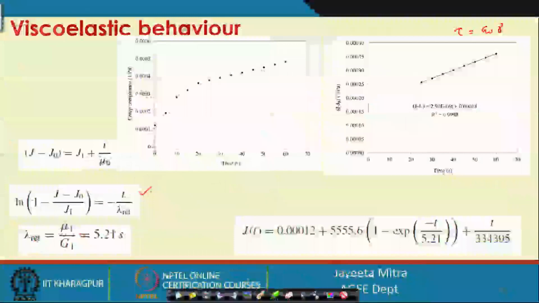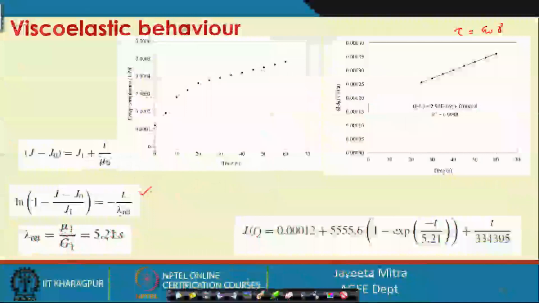And lambda retardation will be mu 1 by G 1. Mu 1 is the viscosity coefficient of the dashpot 1, and G 1 is the spring constant of the spring that is attached in parallel with the dashpot. So, we are getting the retardation time as 5.21 seconds.